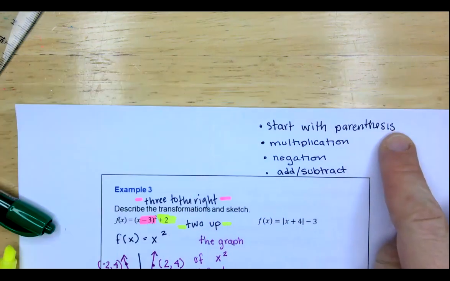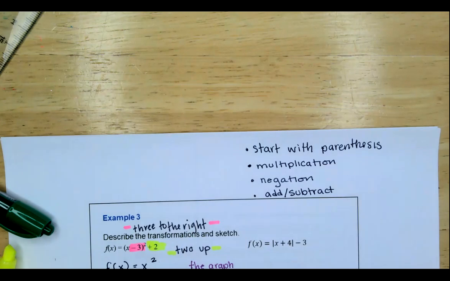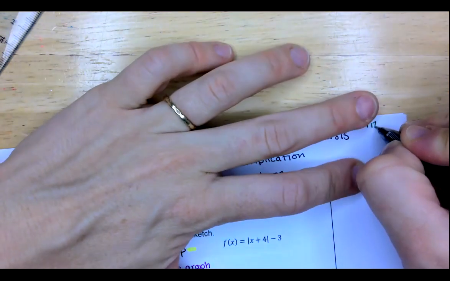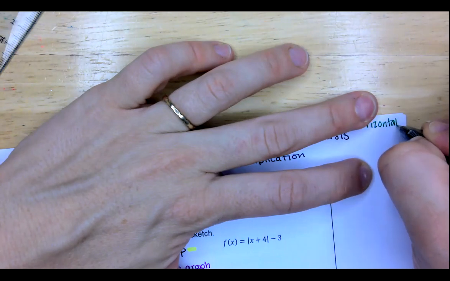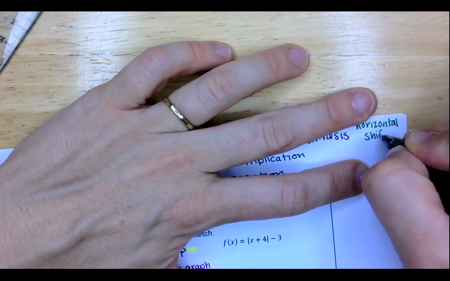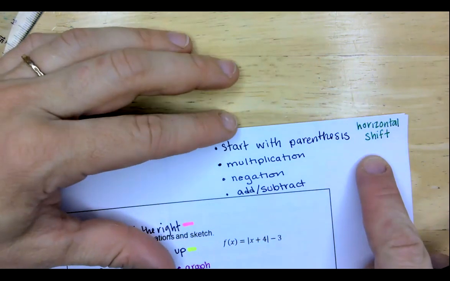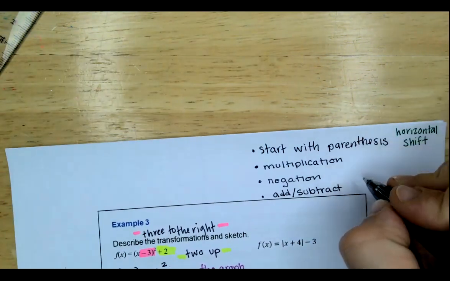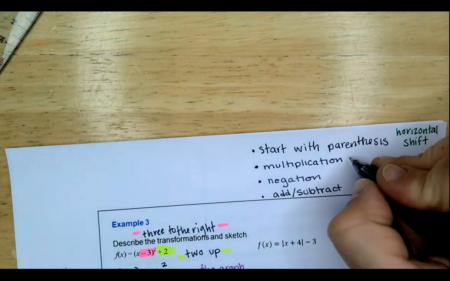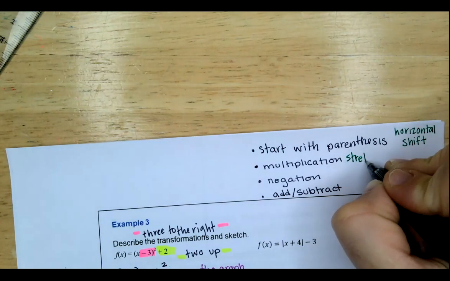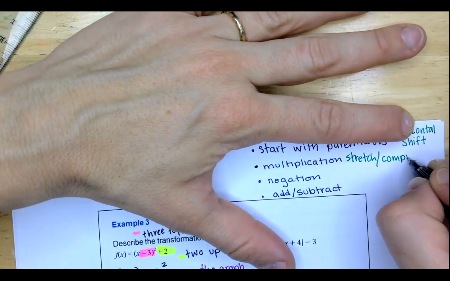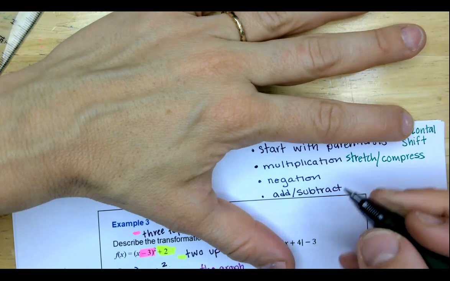So start with parentheses, which means horizontal shift first. Then multiplication is going to be your stretch or compress, to stretch or to compress.